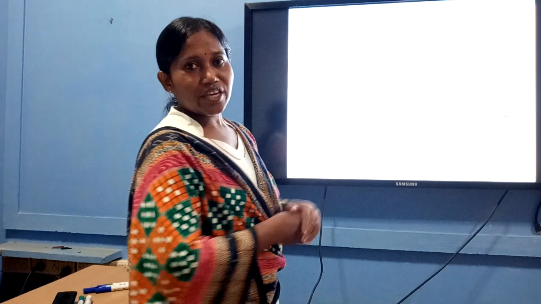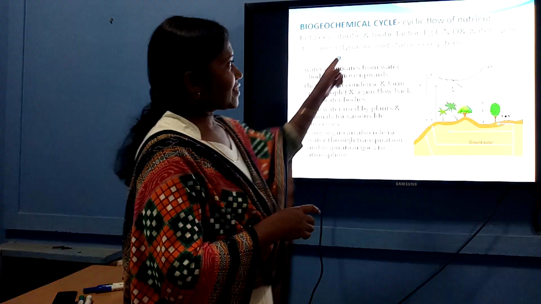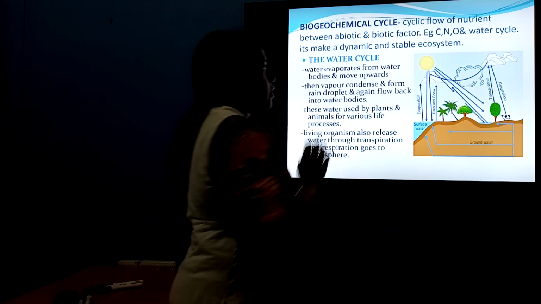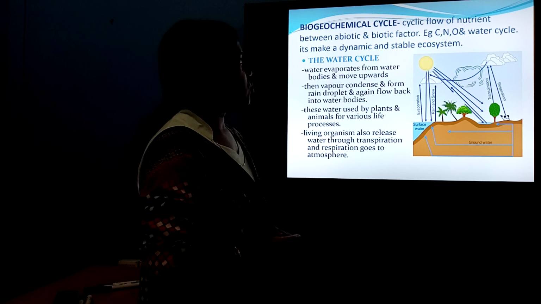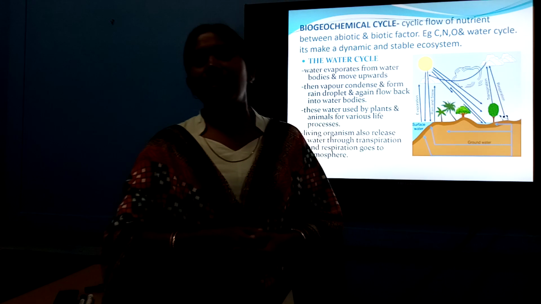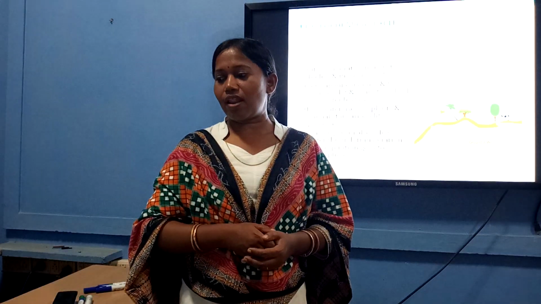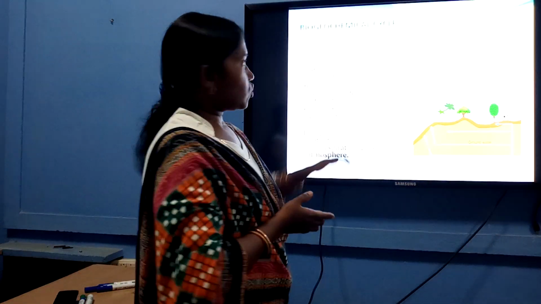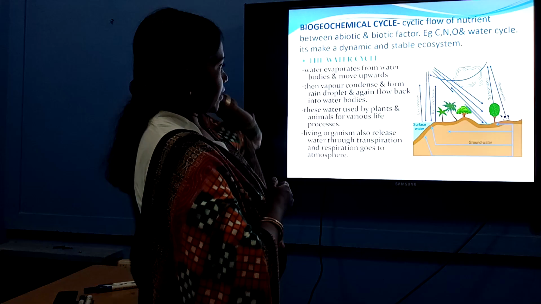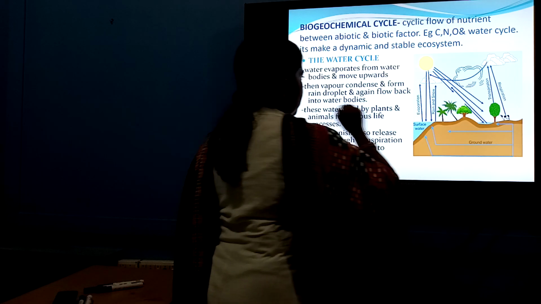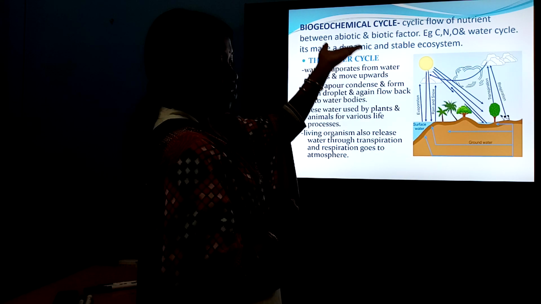Now biogeochemical cycle is the cyclic flow of nutrients between abiotic and biotic factors. For example, the carbon cycle, nitrogen cycle, oxygen cycle and water cycle. It makes a dynamic and stable ecosystem. First we will discuss the water cycle. Water evaporates from water bodies and moves upward.